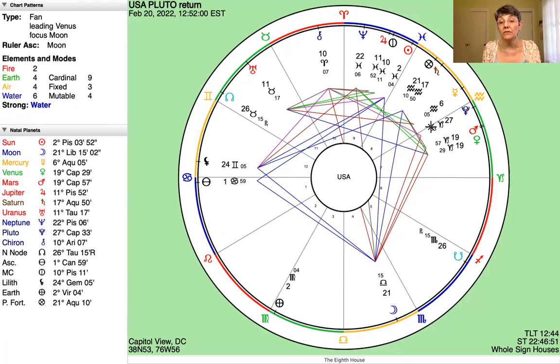Pluto is here, returned to 27 degrees 33 minutes. Now, this is mainly a cardinal chart, 9 points of cardinal, and it's water, a lot of emotional, a lot of past coming back into play. A lot of secrets as well coming out in the open.